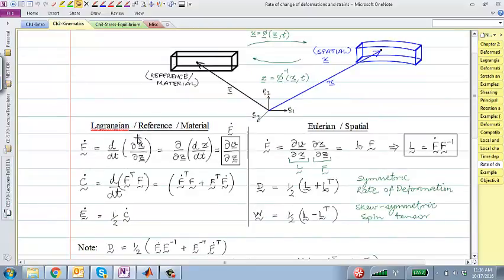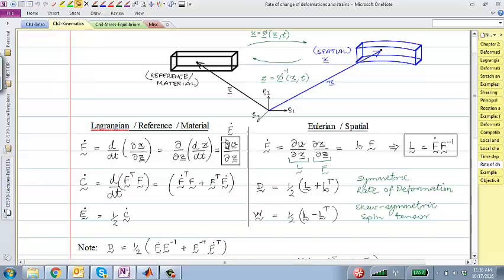So d over dt of F, if the deformation is smooth in time, you can change the order of the derivatives, and you are basically taking the gradient of the velocity. So dv dz, where z is the undeformed coordinates, is simply F dot.